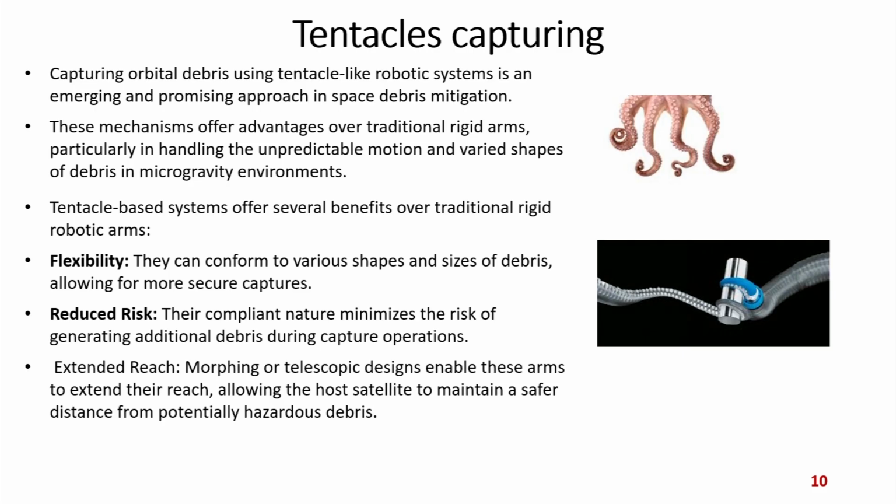Another very important feature is the extended reach. Morphing or telescopic design can enable these tentacles to extend their reach, which allows the host satellite to maintain a safer distance from potentially hazardous debris.